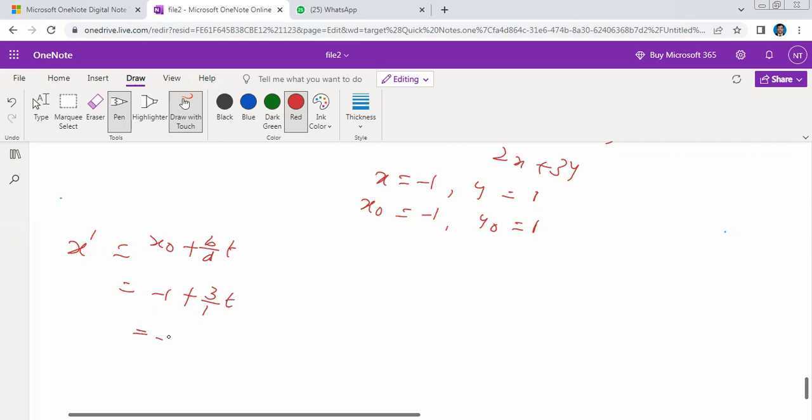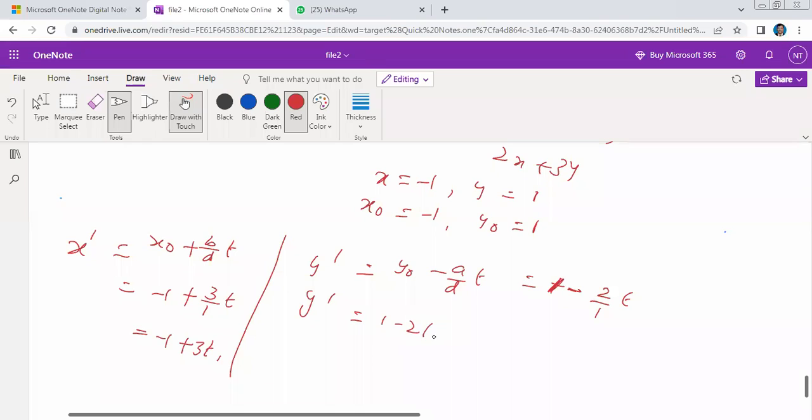This is equal to minus 1 plus 3t. Then y dash is equal to y naught minus a by d into t: 1 minus 2 by 1 into t. So y dash is equal to 1 minus 2t, where t belongs to z, integer.